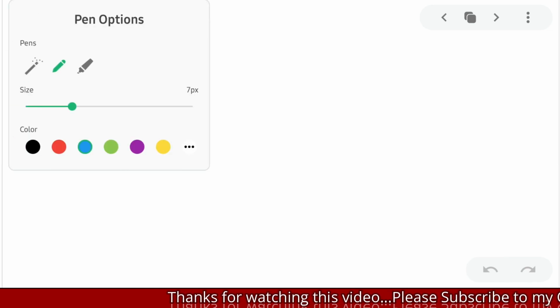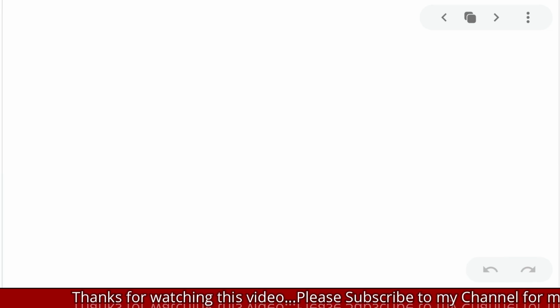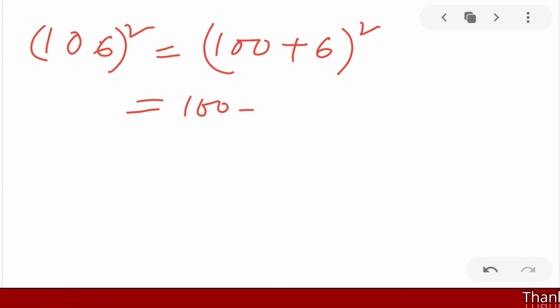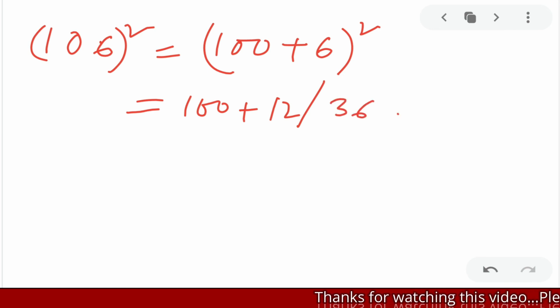We'll take another example, 106 square. Again, it is 100 plus 6, whole square. So 100 will come, 100 plus 2 into x, that is 12, and in this side 36 will directly come.